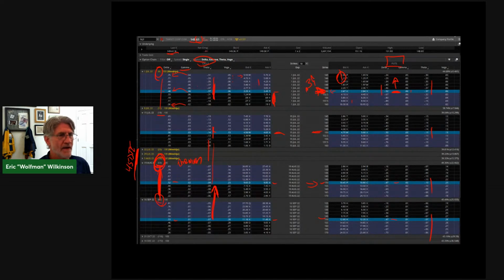value. Actually, it doesn't have extrinsic value. The puts have extrinsic value because I can sell it. Sorry. Puts have extrinsic value. Confused myself. Really good, Wolfman. 39 cents. So basically what we're saying between these two is $2.28, something like that. And take 39 cents off of this.